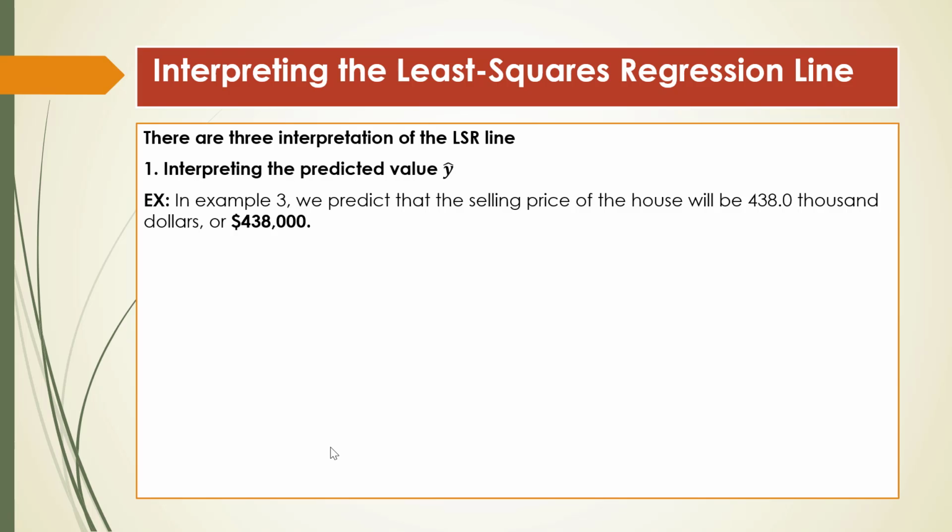To interpret the predicted value y hat, we just have to substitute the value of x into the linear regression line. For example, in example 3, we predict that the selling price of the house will be $438,000, and this is for the house of the size 2800.